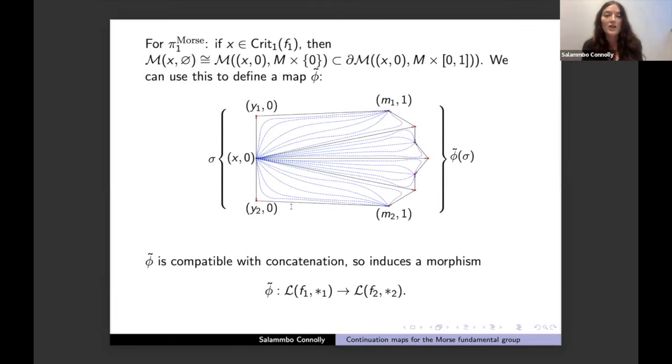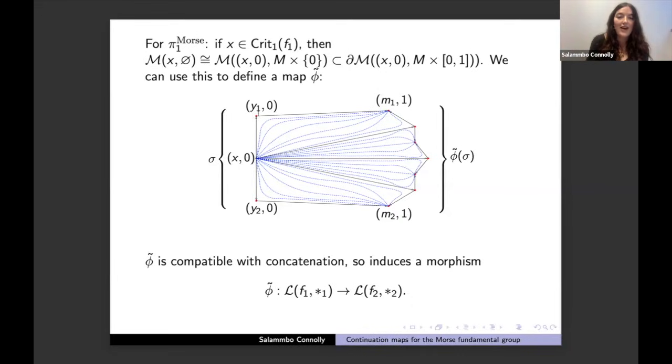For the fundamental group construction, it's a bit different. The loops are formed out of more steps, so one-dimensional unstable manifolds. If you have an index 1 critical point, it's going to become an index 2 critical point of big F. If you then look at the moduli space of trajectories which go from this point and end at a point in M times [0,1], somewhere between the top of the hill and the bottom, you get this half disk.